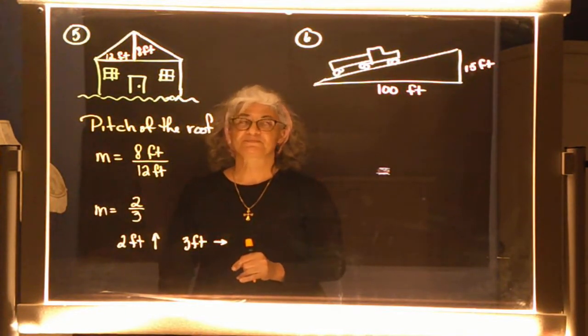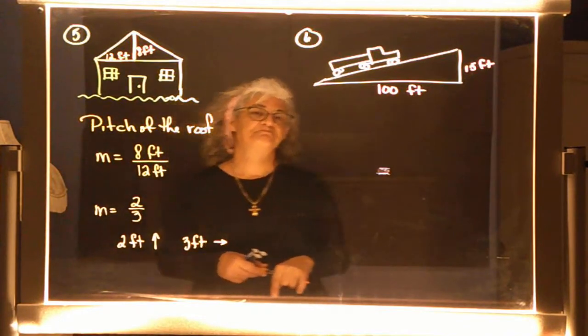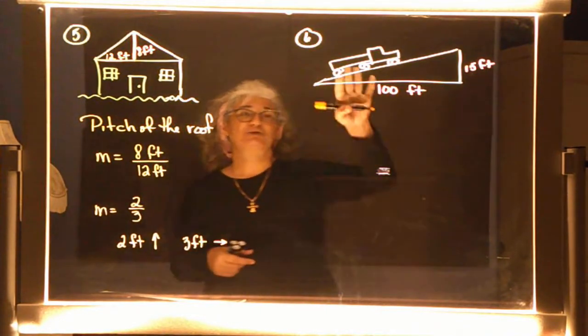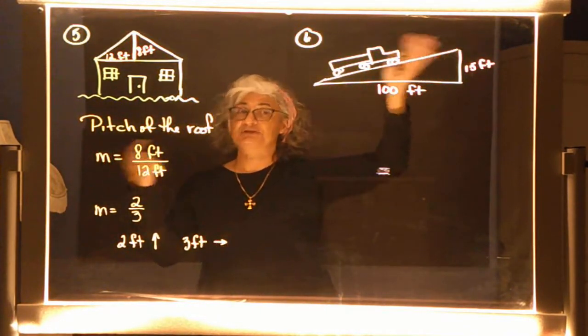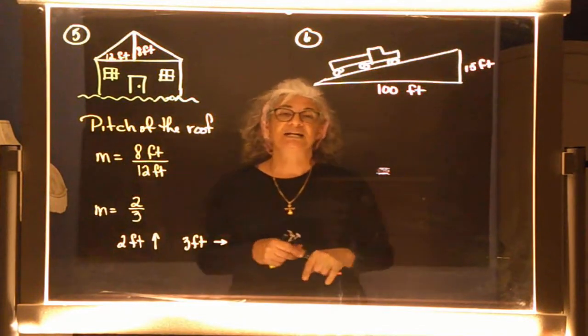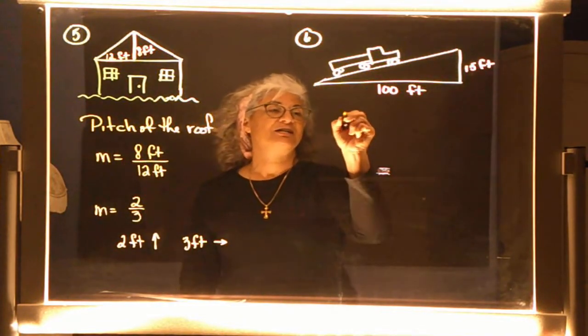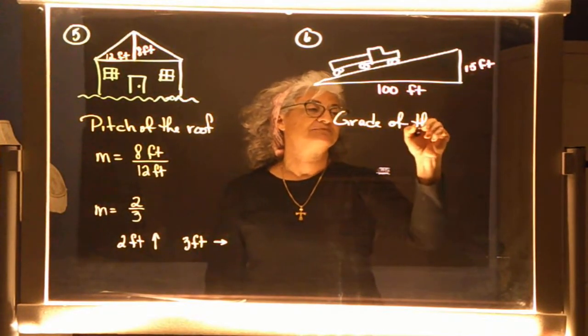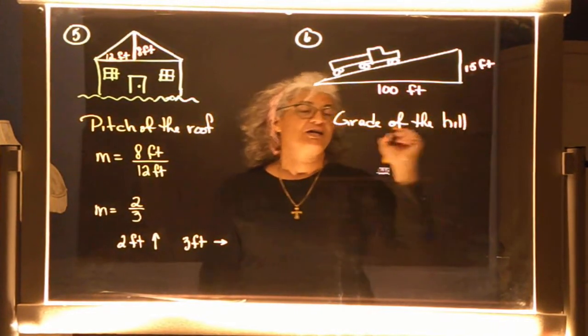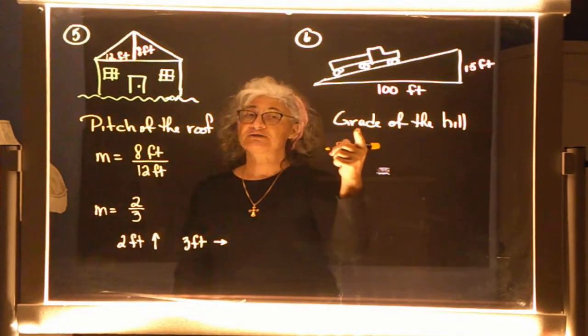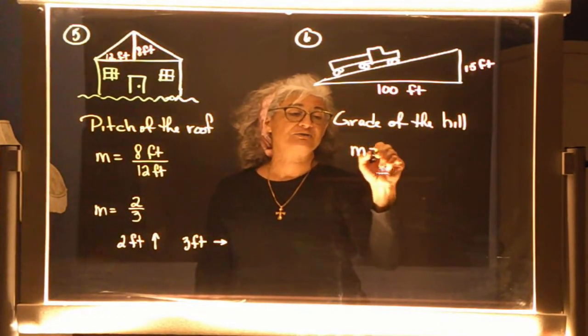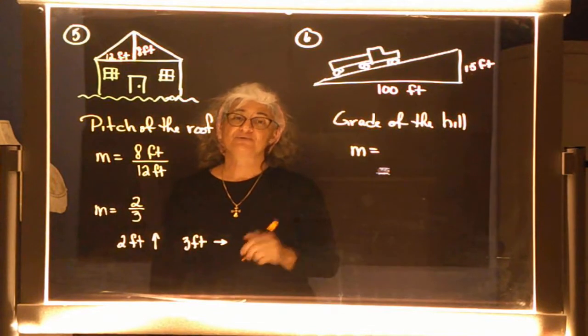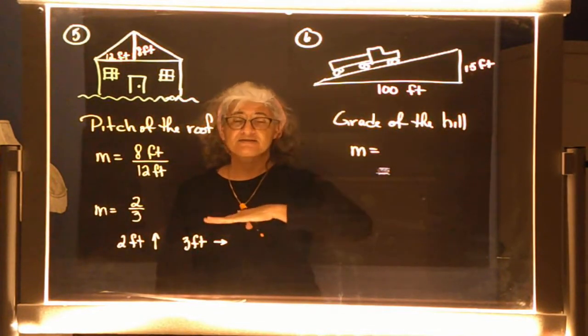Cool. Let's look at this one. So I got this truck driving up a hill. Clearly he's driving up a hill, right? And they're asking me to find the grade of the hill. So, regardless what they call it, the grade is still slope. And I do the y's over the x's.